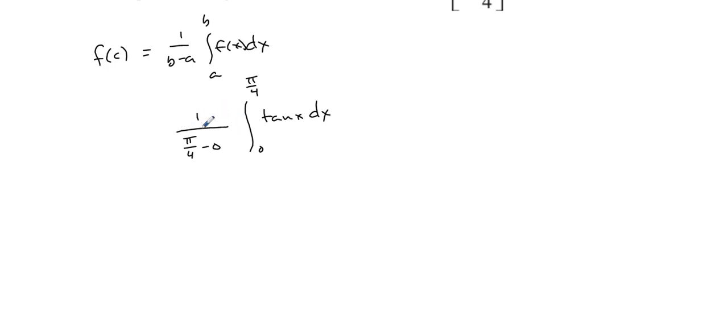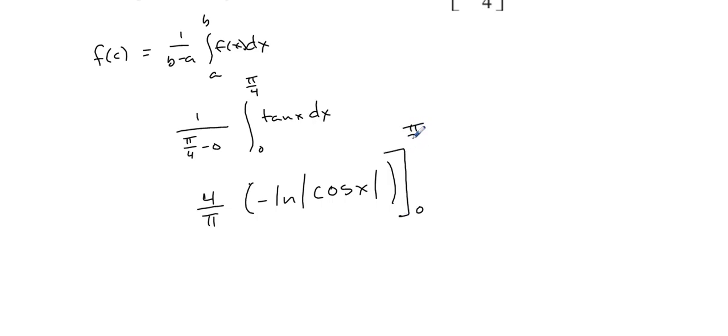Okay, 1 over pi over 4. That would be 4 over pi, wouldn't it? Yep. What's the antiderivative of tangent? You just learned it. Negative natural log, absolute value of cosine.